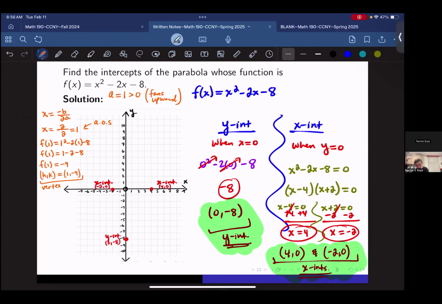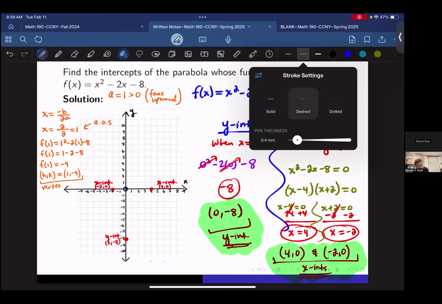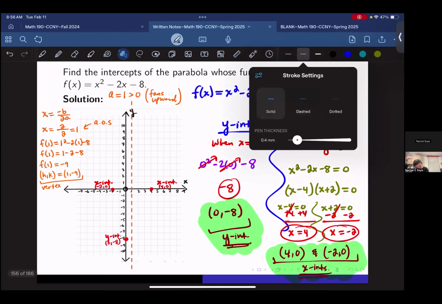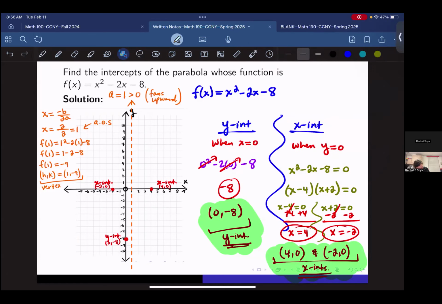So axis of symmetry, x is equal to 1. Vertex (1, -9).